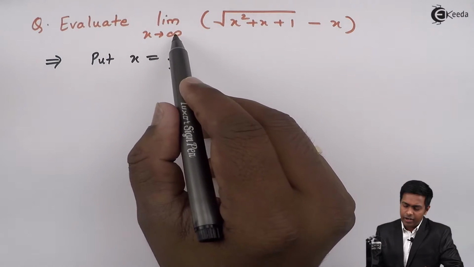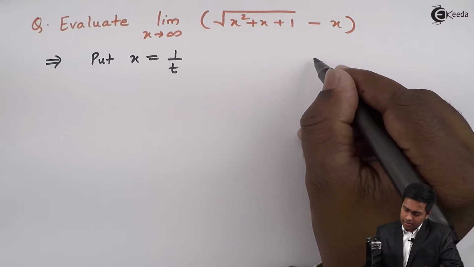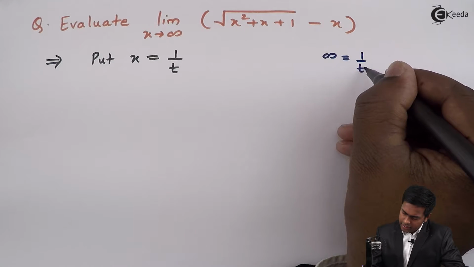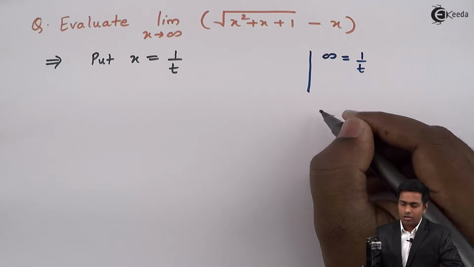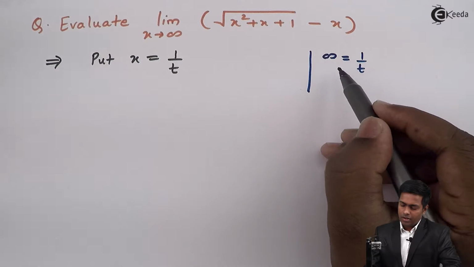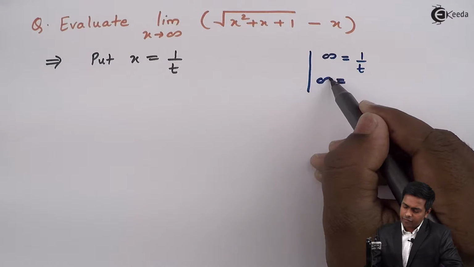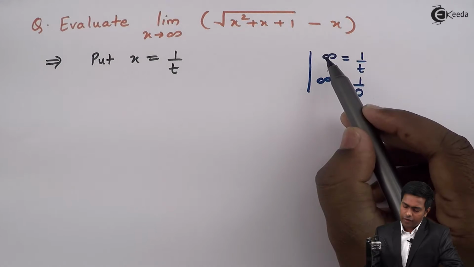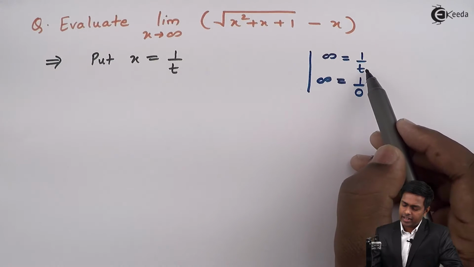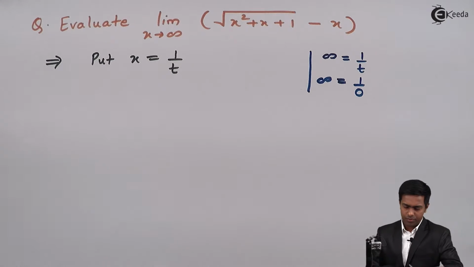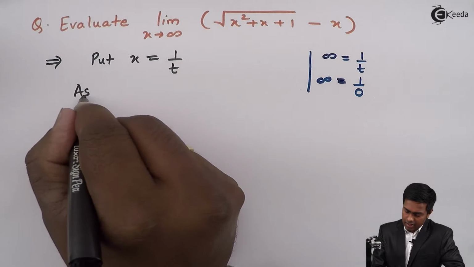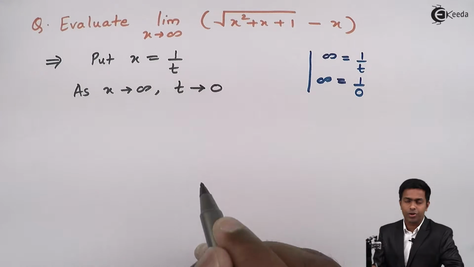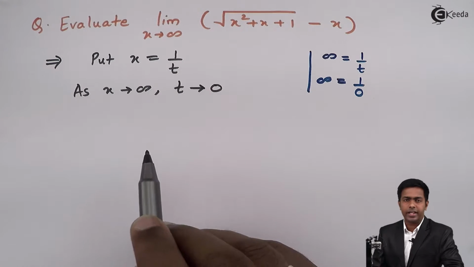So when x is infinity, we get infinity equals 1 by t, and we know that if we want the answer as infinity, then the denominator has to be 0. It means if x is infinity, then t is 0. So here I will say as x tends to infinity, t tends to 0.